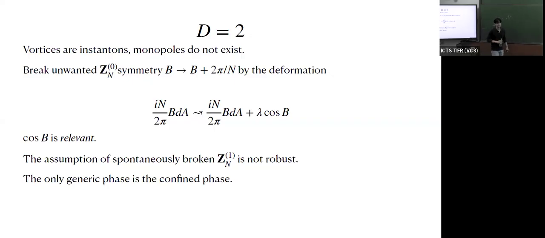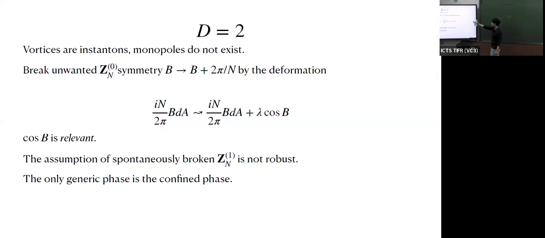There's no way to create deconfinement? Yes, or at least it's not generic. You would have to forbid such perturbations, but there's no symmetry reason. You can only forbid them if there's a symmetry reason or anomaly.